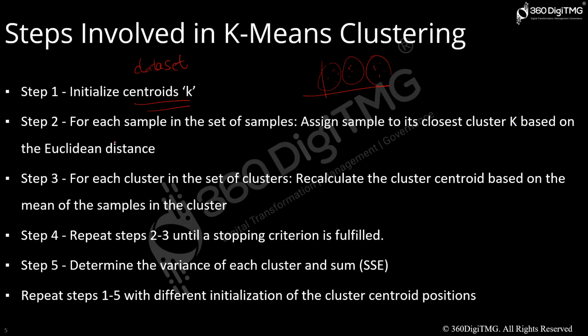The Euclidean distance is the square root of (x1 minus x2) whole square. So this is the Euclidean distance.